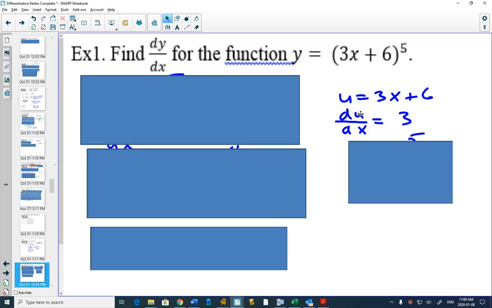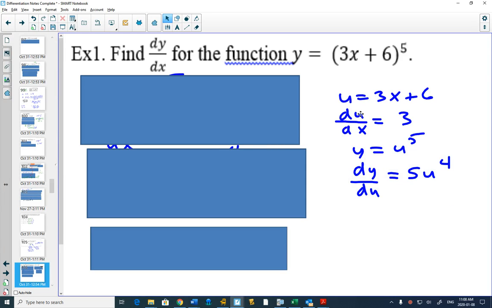I'm going to make that u. The derivative of my inside function is 3. And then my equation could be rewritten instead of y equals (3x plus 6) to the 5, I could write y equals u to the 5. And then the derivative here, dy/du, is 5u to the 4.